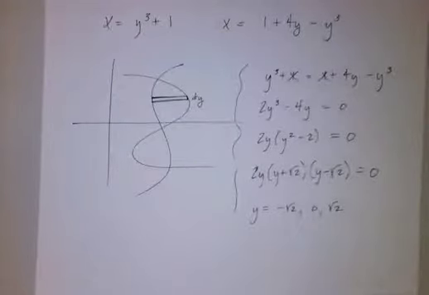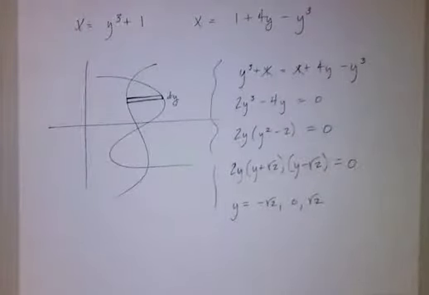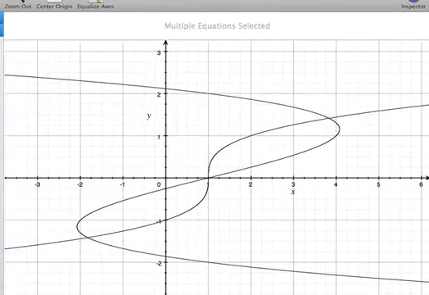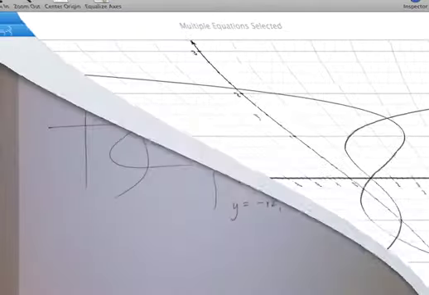Just like on the x intervals, which y was more positive? Well, with respect to x, positive is not up, positive is to the right. So the question is, on 0 to root 2, which one is farther to the right? And the answer is the negative cubic, the 1 plus 4y minus y cubed.